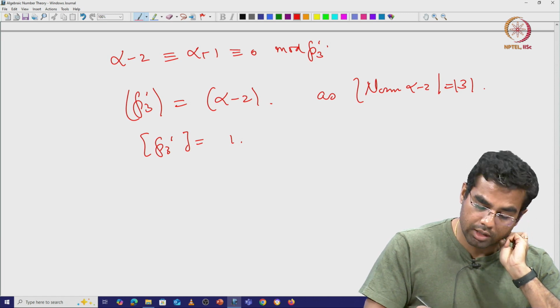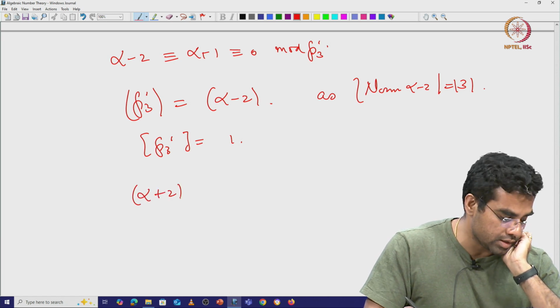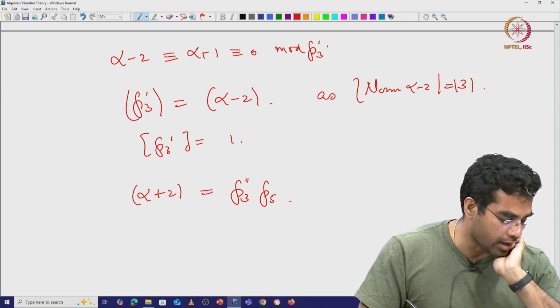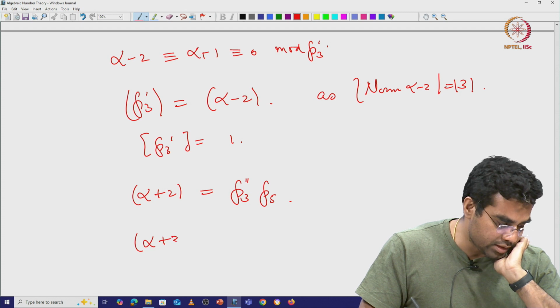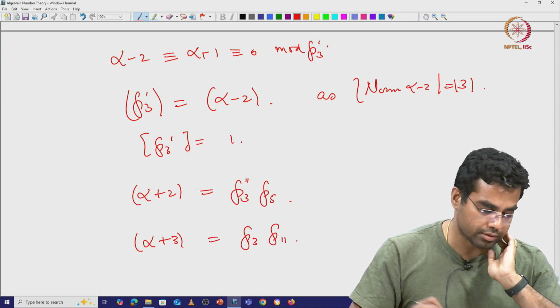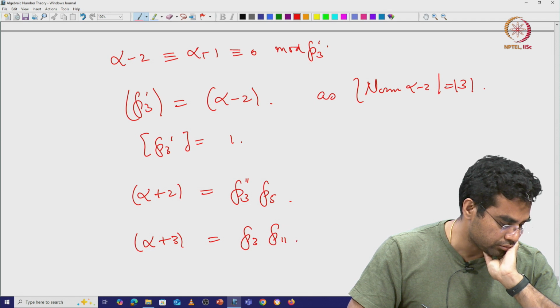And if you look at what alpha plus 2 is, then this turns out to be P3 double prime times P5, and alpha plus 3 turns out to be P3 times P11.